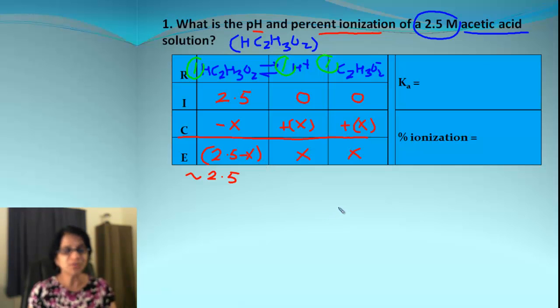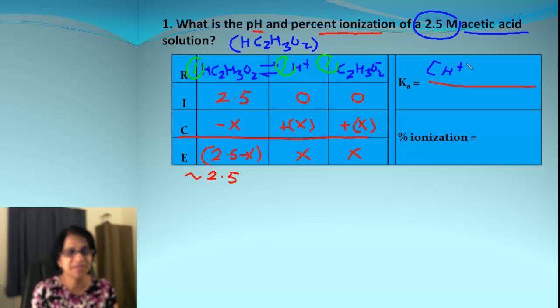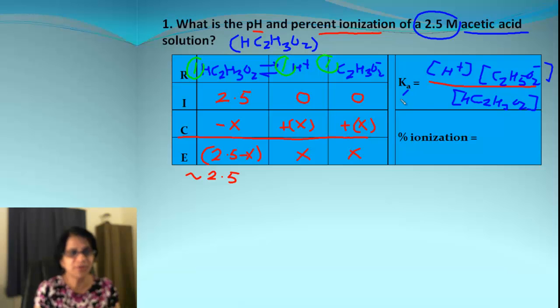Okay, now in order to find pH, we need to find the value for X. So let's go back to our K equilibrium equation. This is products divided by reactants, and we have these two ions as products. So let's write down those two. And our reactant is the beginning acid, which is acetic acid. So if you actually plug in the values for K equilibrium, what do we get?